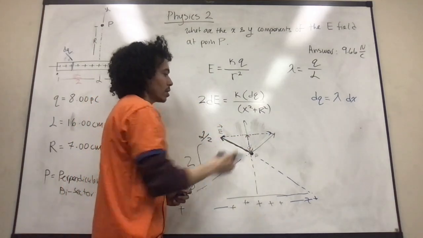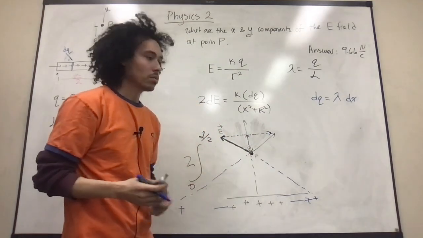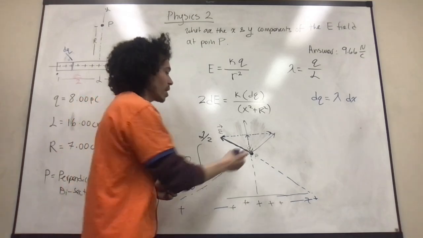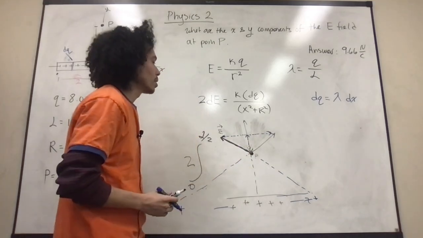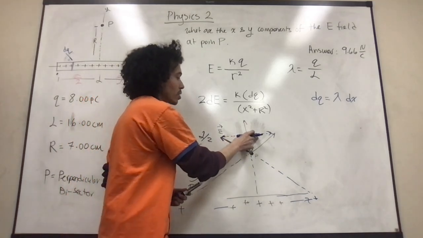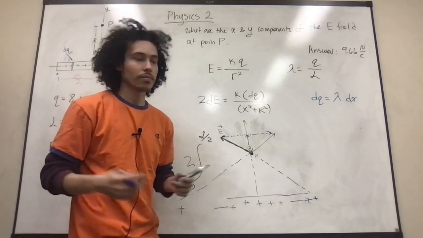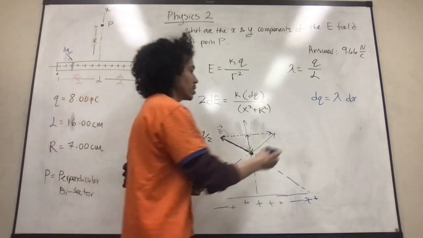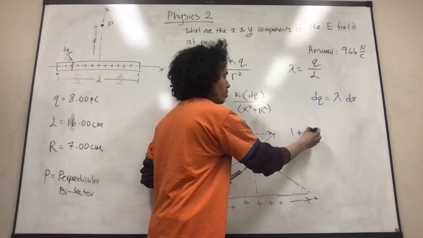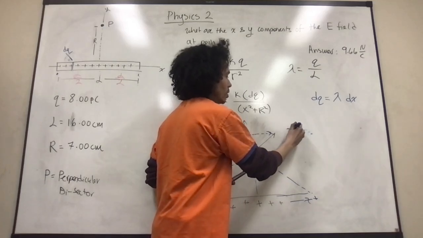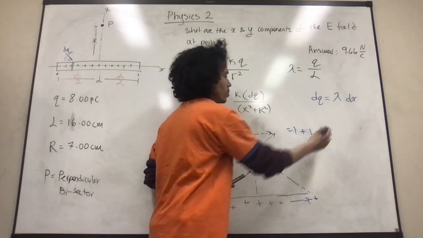This will create the same magnitudes. The magnitude of the vector will be the same, and thus the x components, because they're pointing in opposite directions, are going to cancel out. It's like saying negative 1 plus 1 is equal to 0.